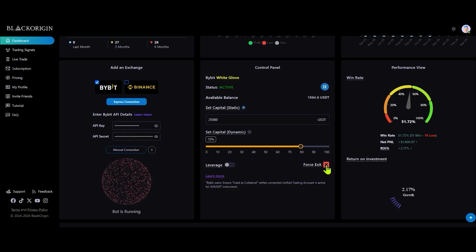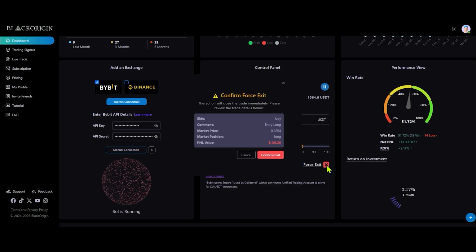Once you press force exit, a pop-up window will show up and display the current estimated profit or loss based on the live market price. You can then choose to proceed or cancel, which allows continuing the trade or choosing a more suitable market condition later to force exit.